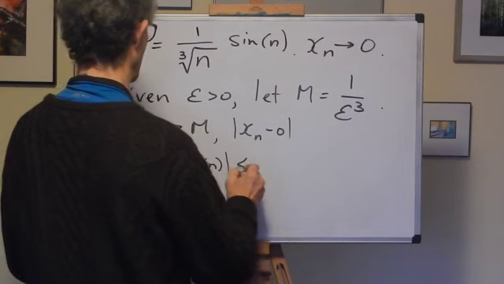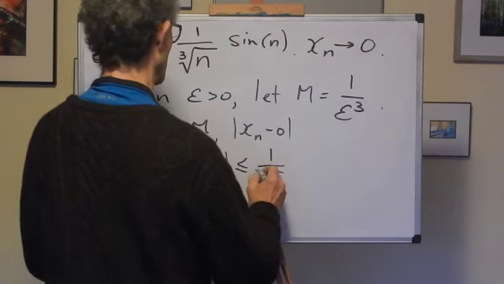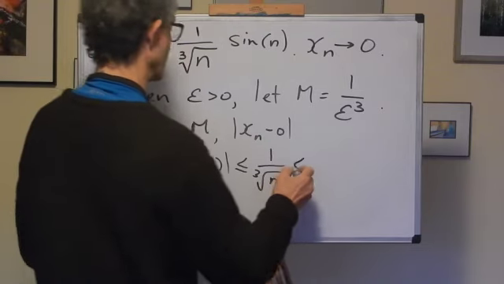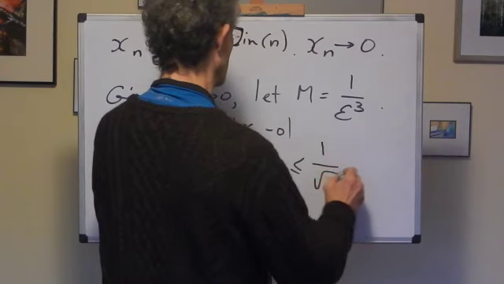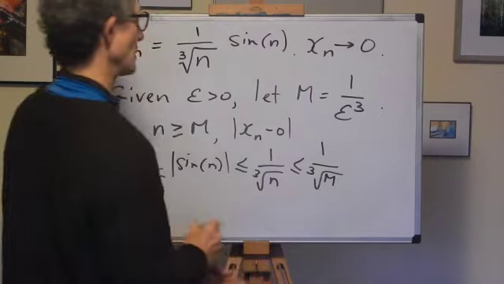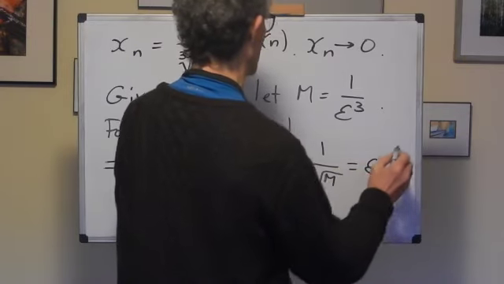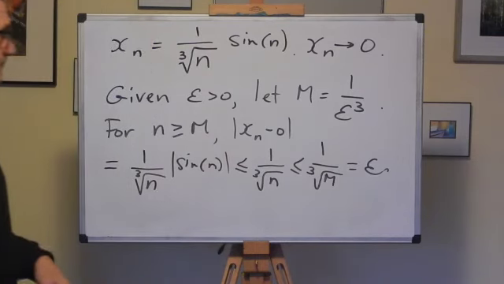This is less than or equal to 1 over the cube root of n, which is less than or equal to 1 over the cube root of m, and this is equal to epsilon because of the choice of m.